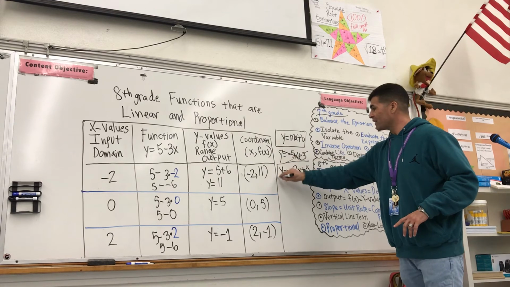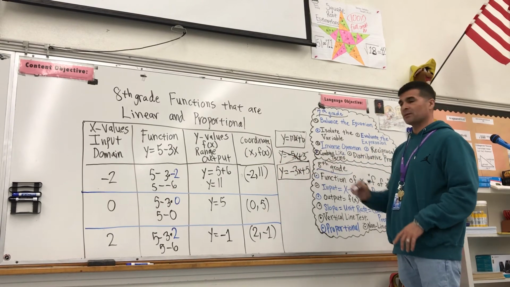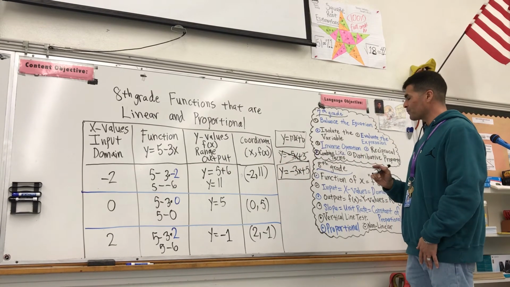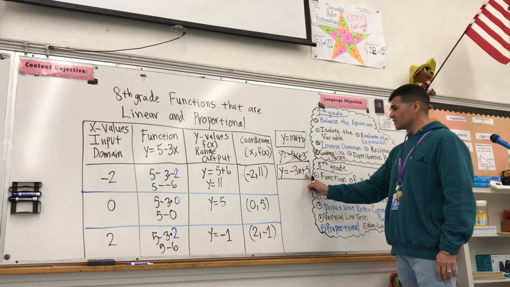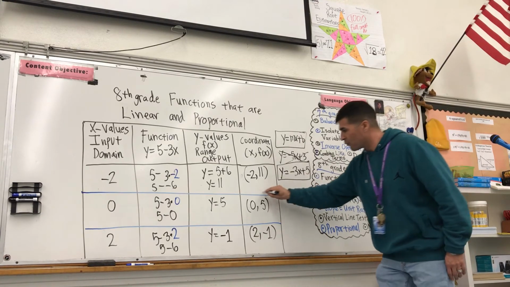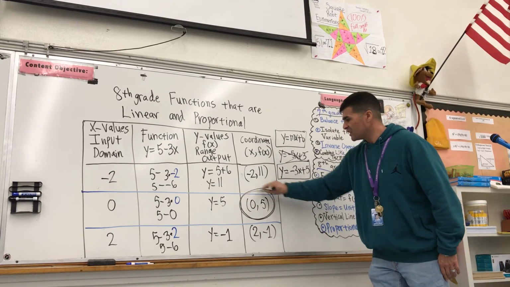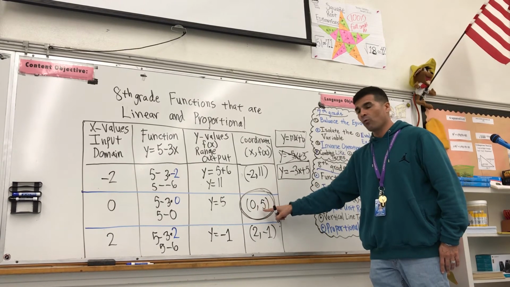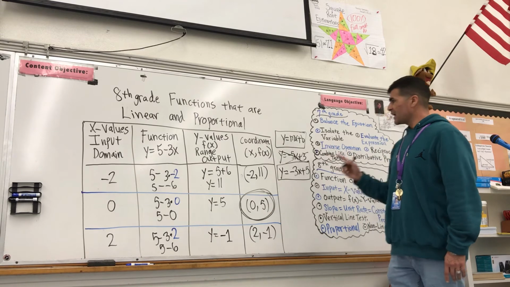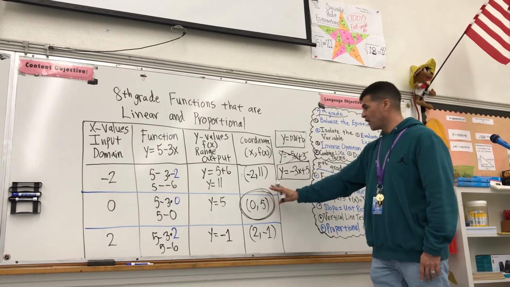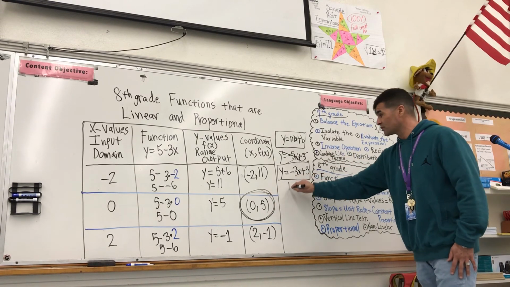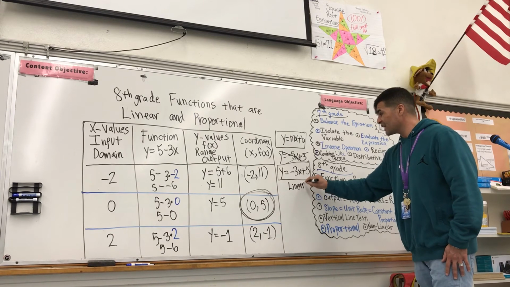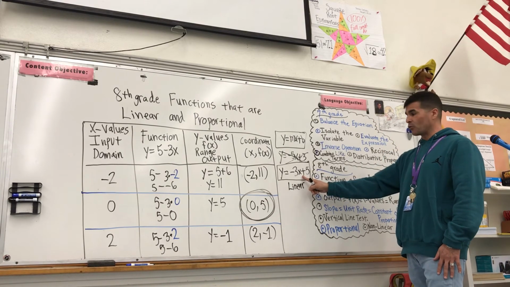So can we write this as a slope-intercept equation? Yes, we can. Let's use this point right here. This point is where x equals 0 and y equals 5. This is a linear function, because we're writing it as a slope-intercept equation.